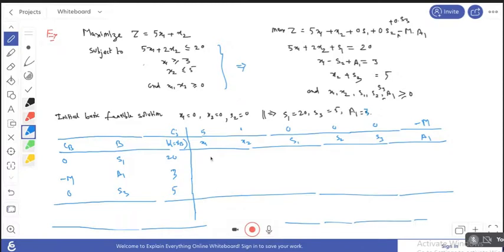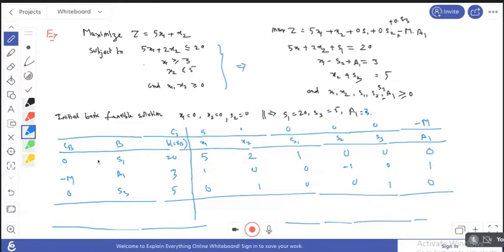So the first equation is 5x1 plus 2x2 plus 1s1 and the rest are 0. The second one is 1x1 minus s2 plus a1, rest are 0. The third one is x2 plus s3, rest are 0. This is your matrix.